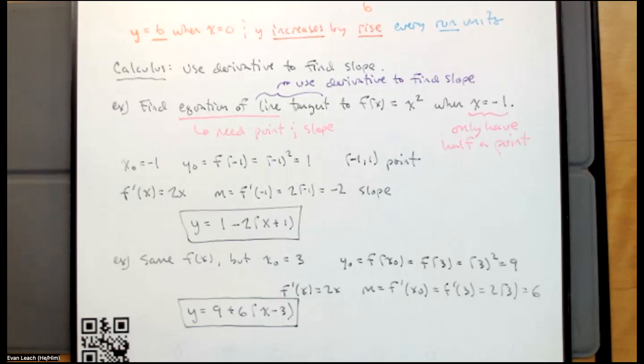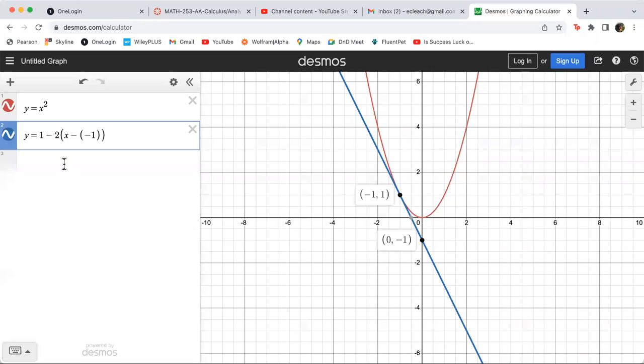Since we use the same function, if we go back to our graph, we can include 9 plus 6 times x minus 3.